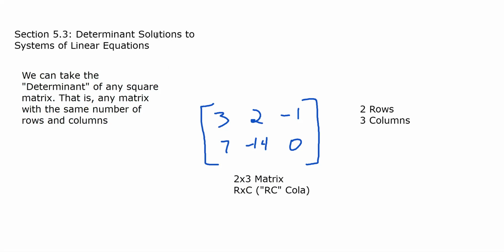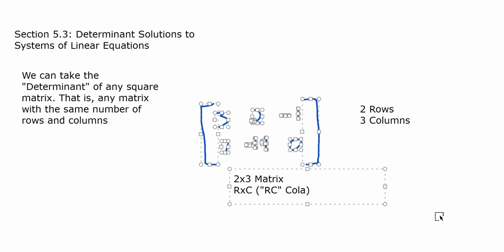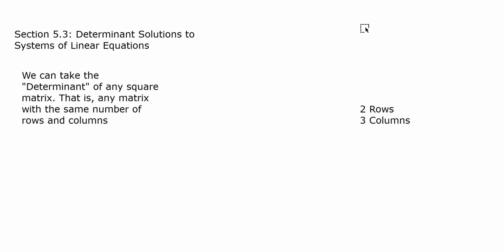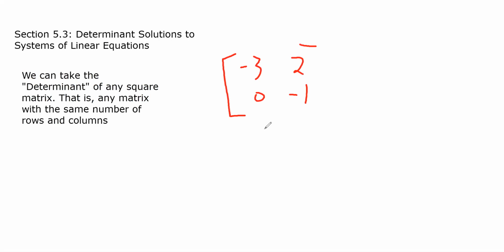So a square matrix has the same number of rows as it does columns. So let's look at an example of a square matrix. This is a square matrix.